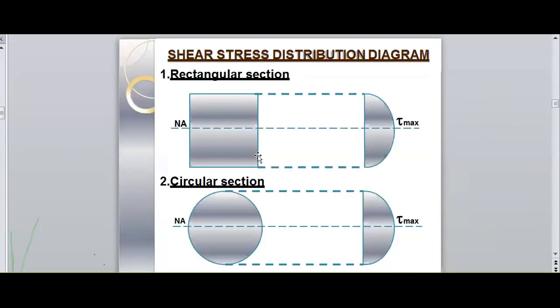So we need to derive some standard cross sections and their shear stress diagrams. Here it may ask for 2 marks. For a rectangular cross section, at the neutral axis we have the maximum shear stress. At the topmost layer, the horizontal shear stress is 0, and at the bottommost layer the horizontal shear stress is also 0.